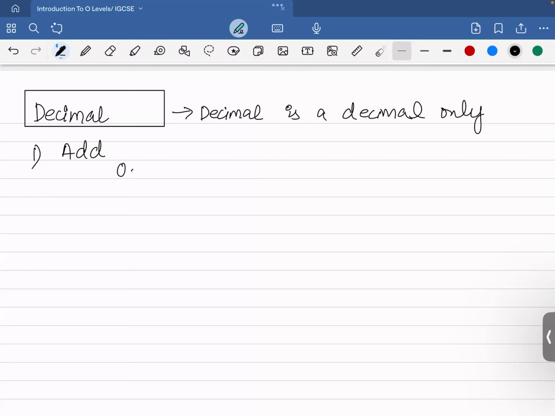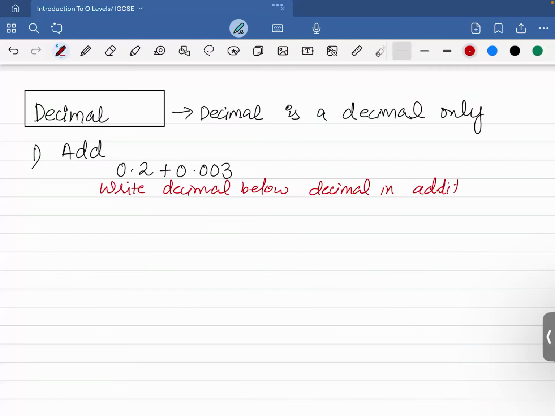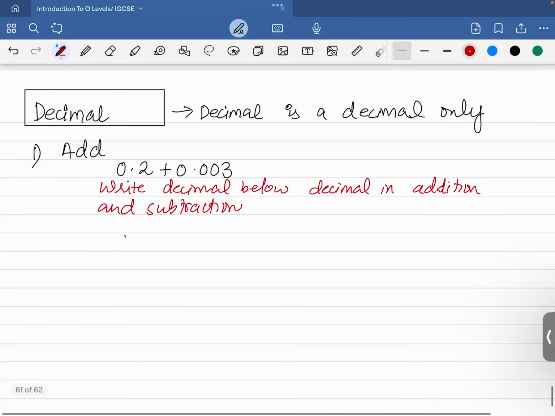The examiner will tell you to write 0.2 plus 0.003. If you want to add them, write decimal below decimal in addition and subtraction. Do you copy, Arun? Yes, sir.